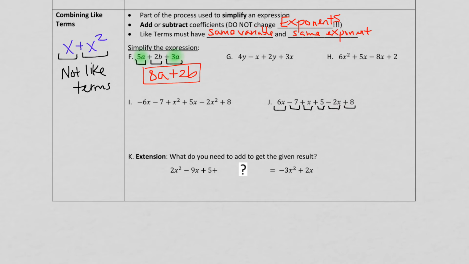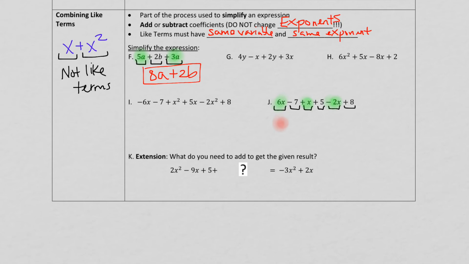First, I see a 6x, I see an x, and a minus 2x. Please do not forget, this minus sign is attached to this 2. So it's part of that term. Do not forget the sign to the left of the coefficient. So in this case, I can combine 6x plus 1x minus 2x.